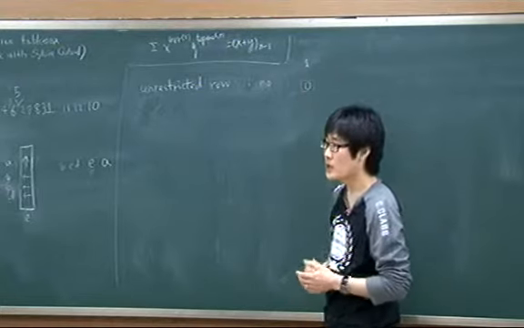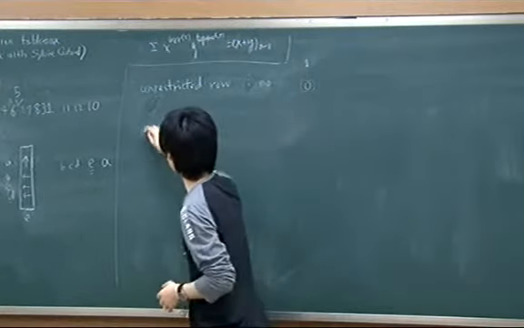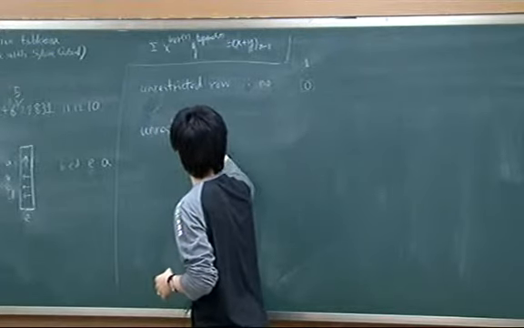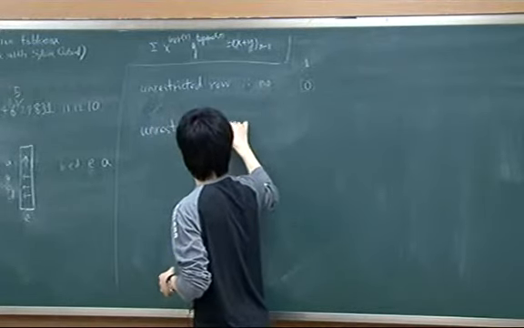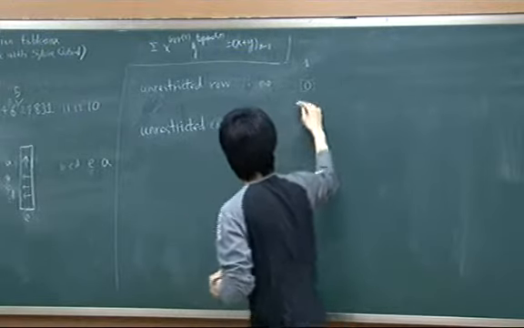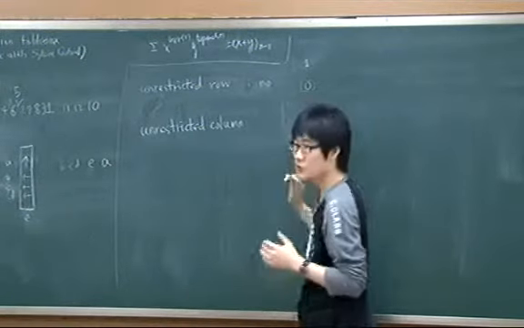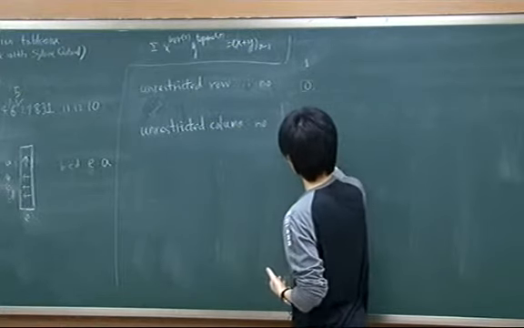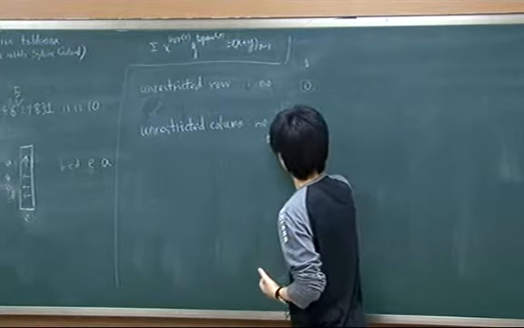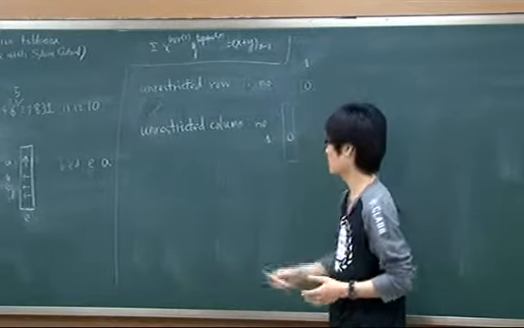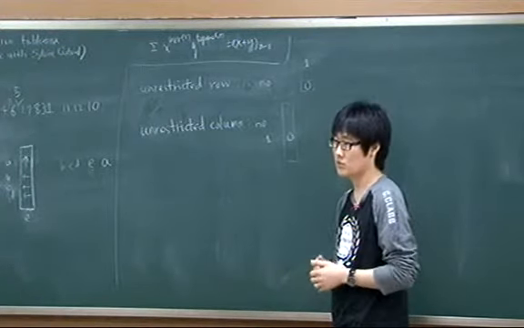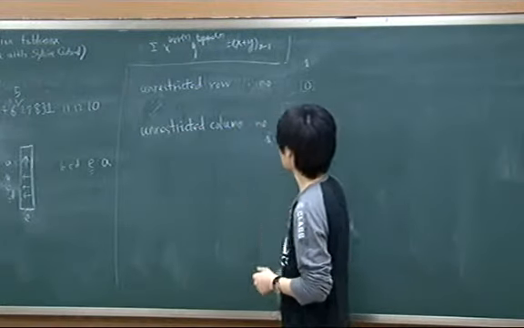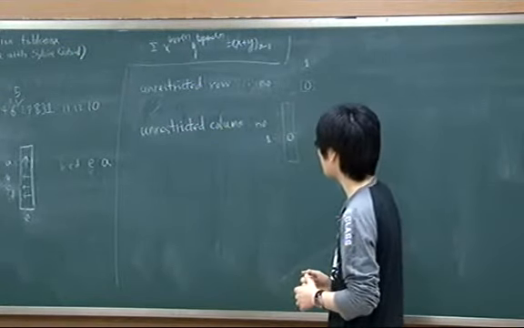Okay? So we can consider unrestricted column in the same way. This column is unrestricted if we don't have this situation, 1, 1. So unrestricted columns are a natural thing to consider compared to unrestricted rows.